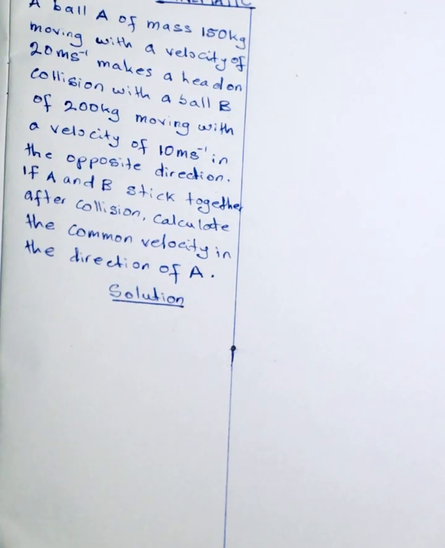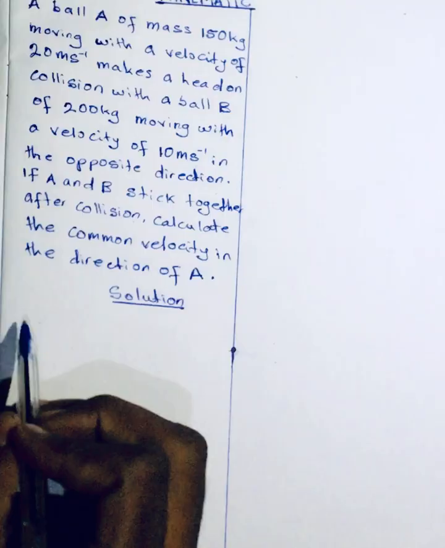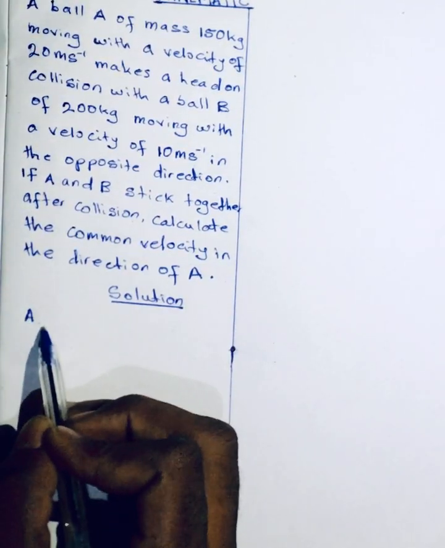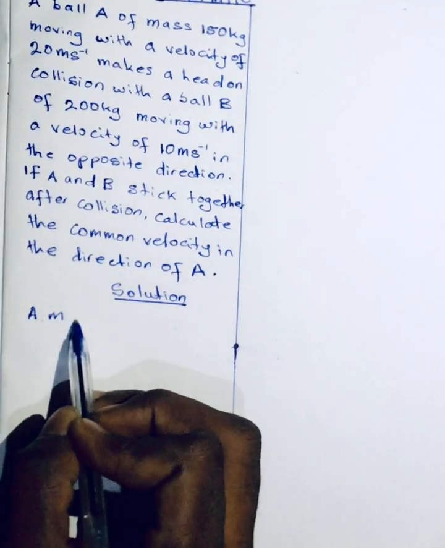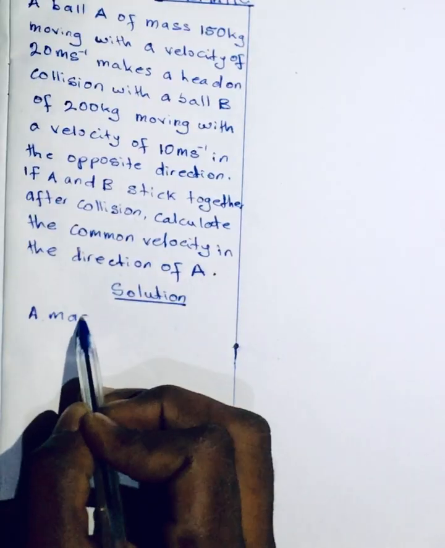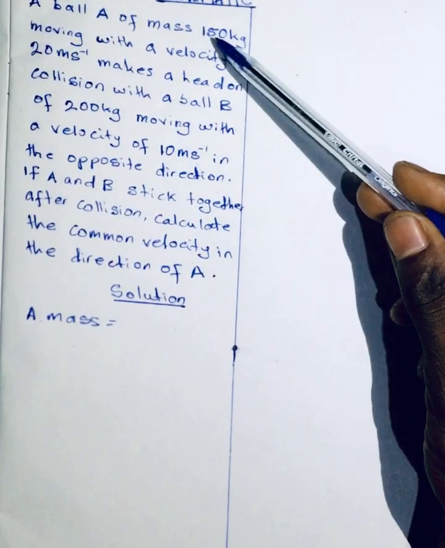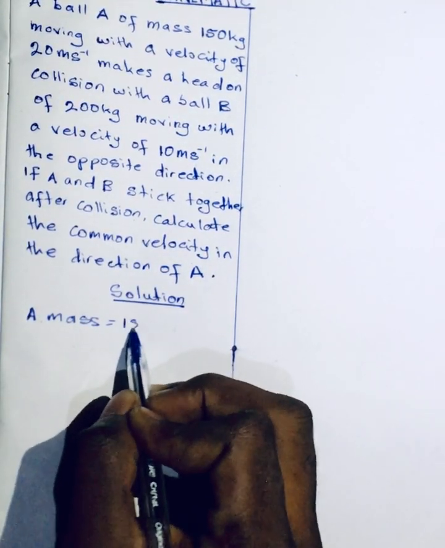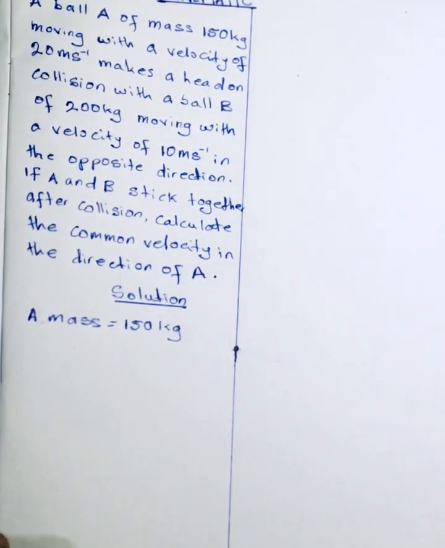They say that, let's say body A, which is the ball A, has a mass equal to 150 kilogram.